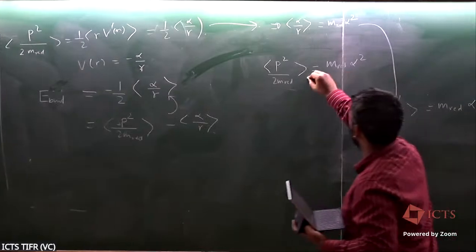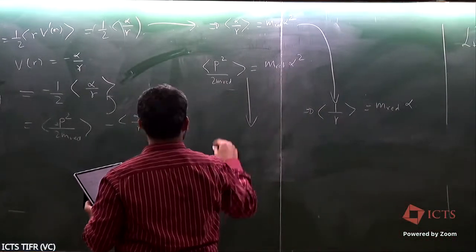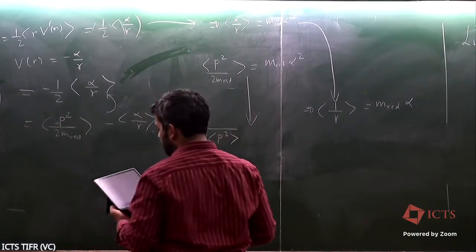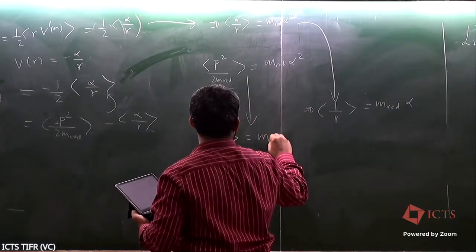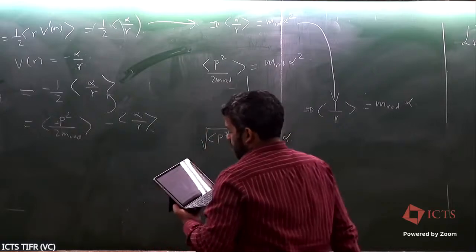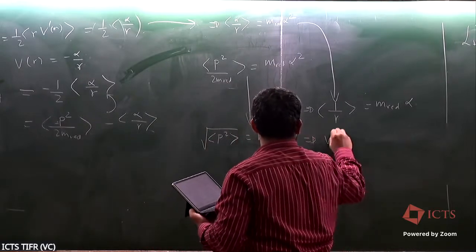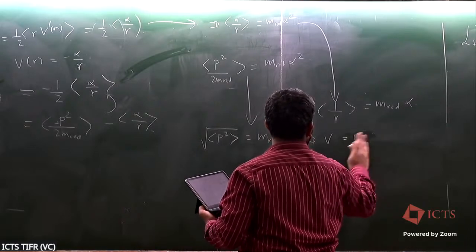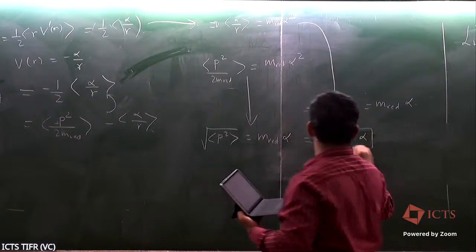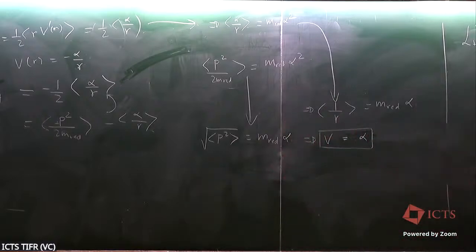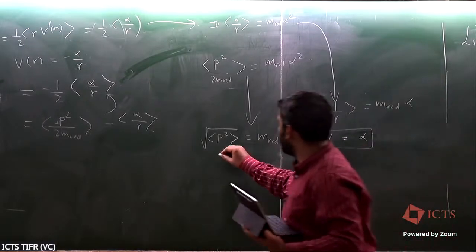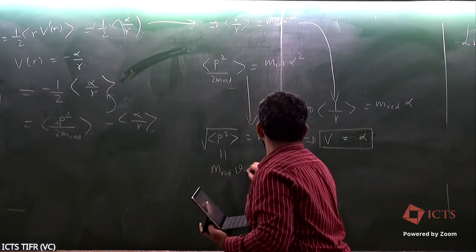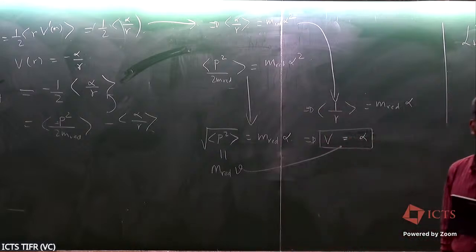And this implies that if I take the root mean square momentum, this is m reduced alpha, which means I can define my velocity, which is alpha basically. If I define this as m reduced times V, my V is order alpha.